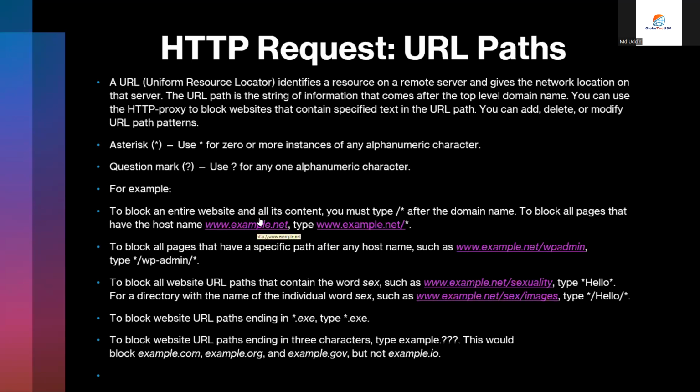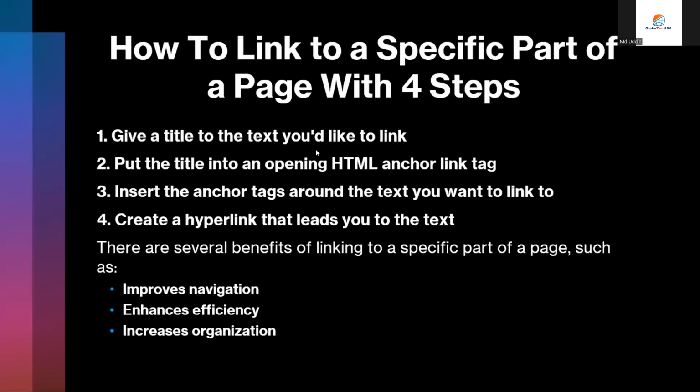If you want to block this domain name and all of its content, you can do it by writing /*. So these are examples of blocking a website by URL path. You don't actually need these things, it's just to give you an idea.